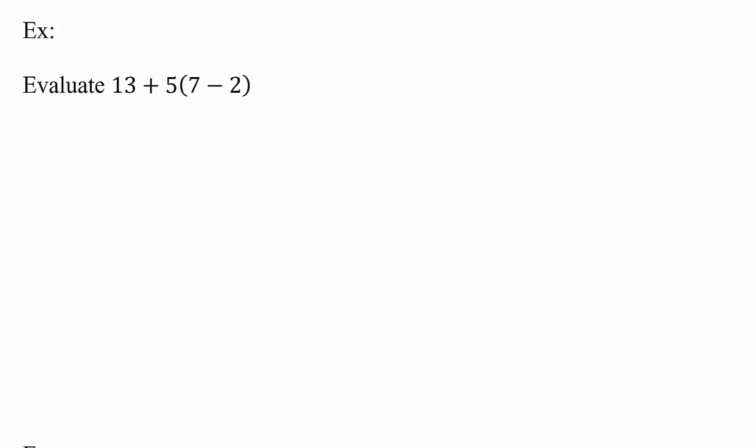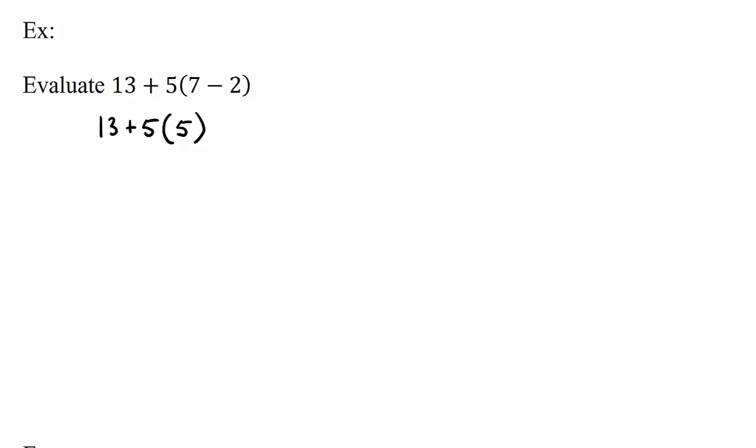So let's look at our first example here, where we've got 13 plus 5, and then in brackets 7 take away 2. Order of operations tells us to do what's inside the brackets or the parentheses first. So I'm going to copy down what's left over, and I'm going to do the 7 subtract 2 inside the brackets, and I'm going to achieve a 5.